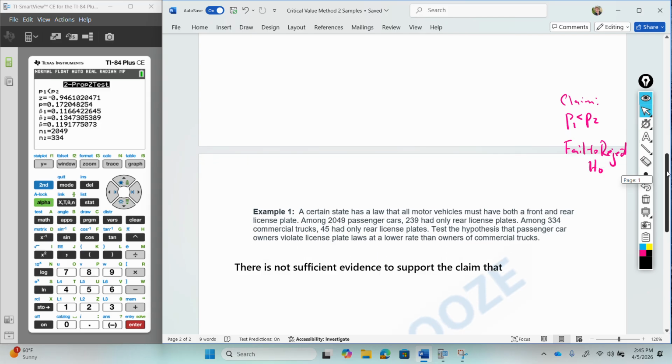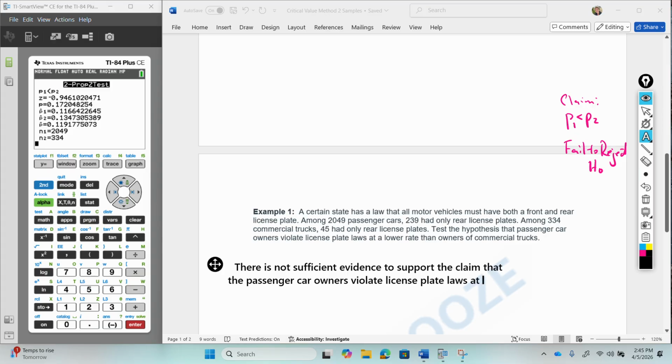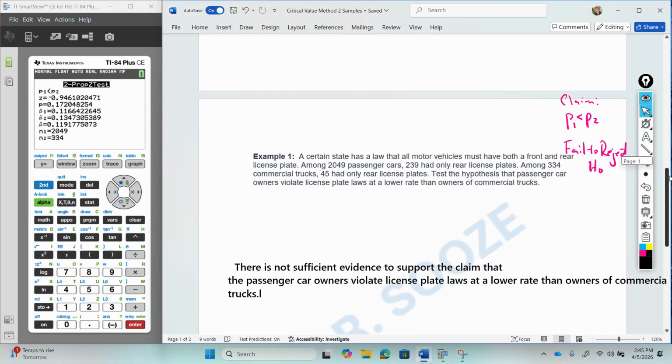There is not sufficient evidence to support the claim that the passenger car owners violate license plate laws at a lower rate than owners of commercial trucks. All of that.